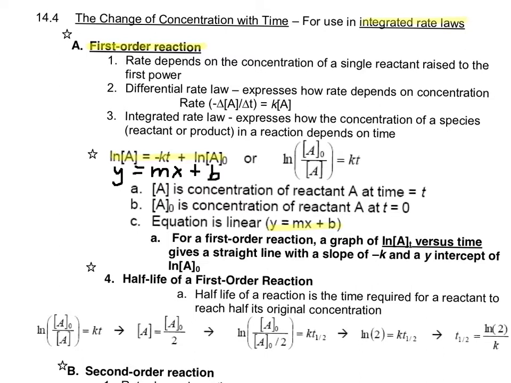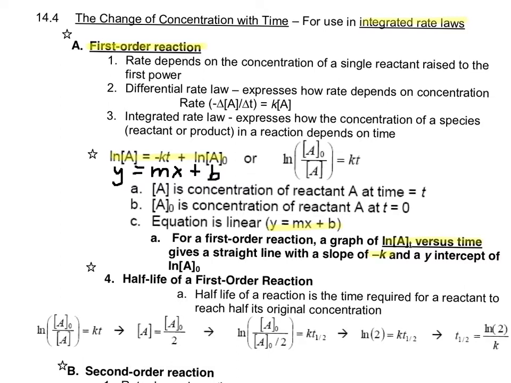So, guys, for a first-order reaction, according to this equation, if you graphed y versus x, the natural log of A versus time, you're going to get a straight line, with the slope being equal to negative k. That is the major thing to know here.